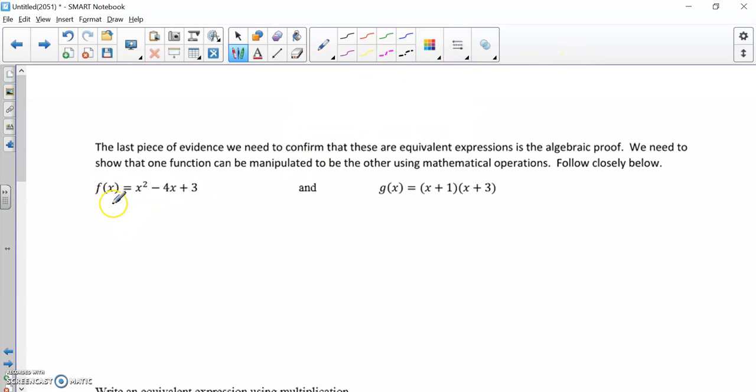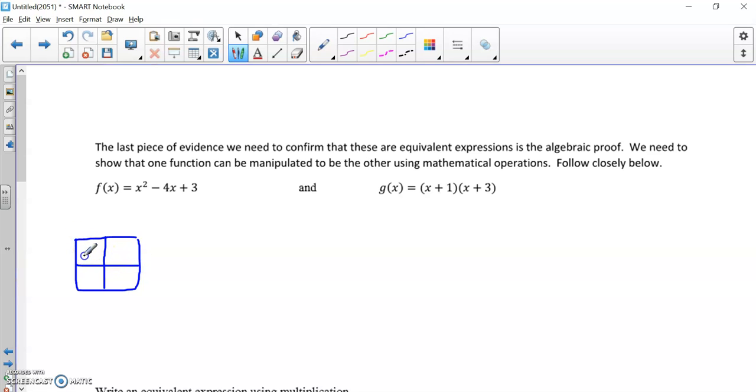So if I'm looking at f of x, I'm like, I wonder if g of x is equivalent. Obviously, g of x is in factored form, and f of x is in standard form, so it's going to be a good idea to just go ahead and box and diamond this guy and see if we get this. So let's commence box and diamond.